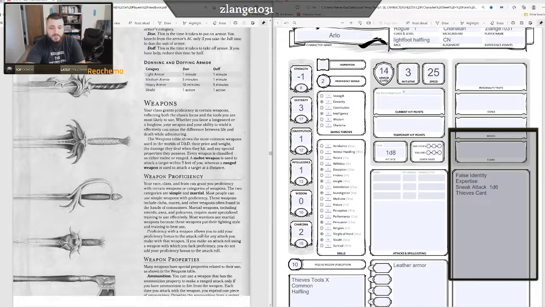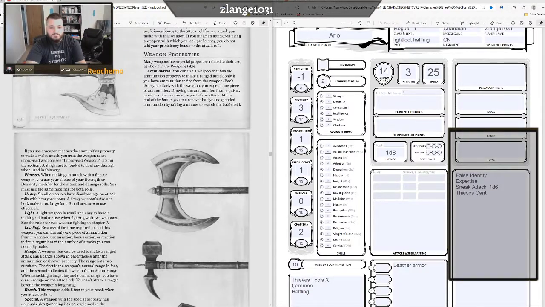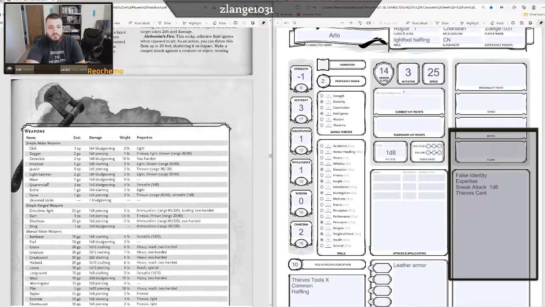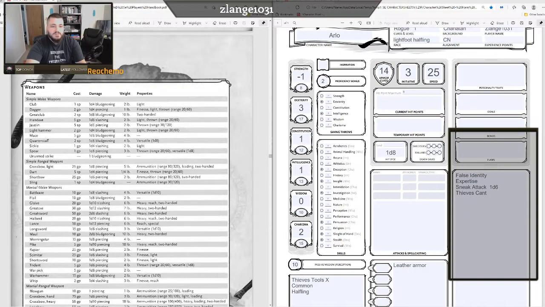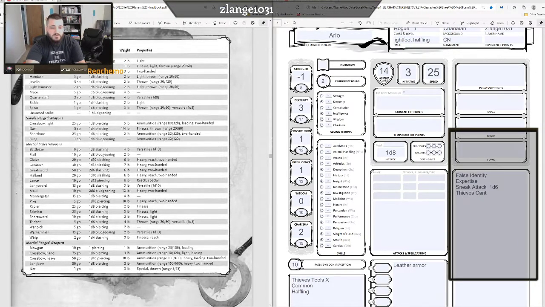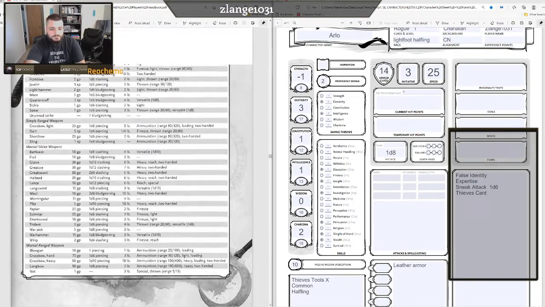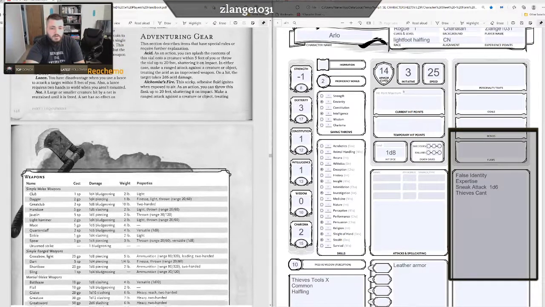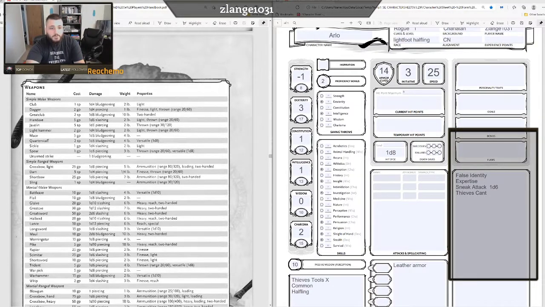Now you have your weapons. You have your weapon properties, which we'll get into. Let's talk about just our weapons in general. You have simple weapons, simple melee and simple ranged, and you have martial melee and martial ranged weapons. Now, according to the rogue proficiencies, we are proficient with all simple weapons.